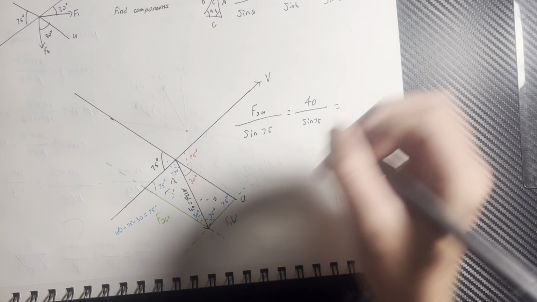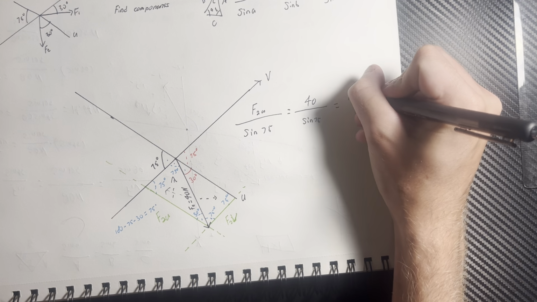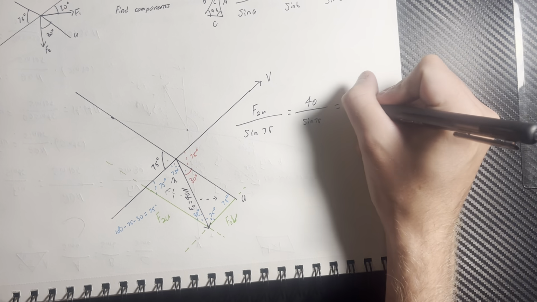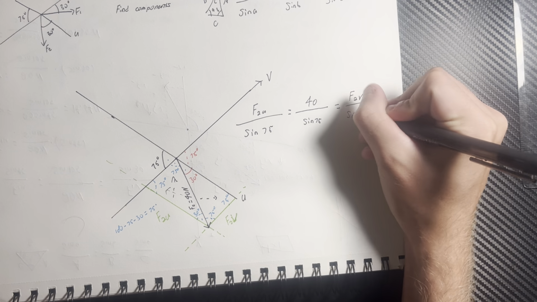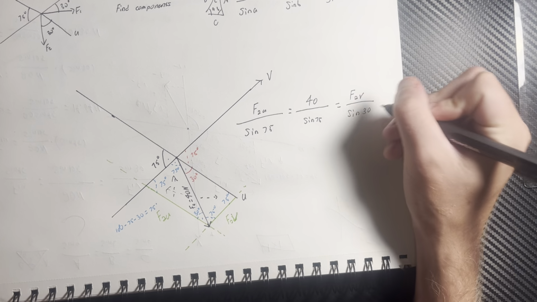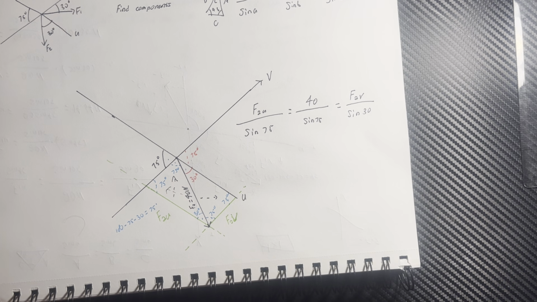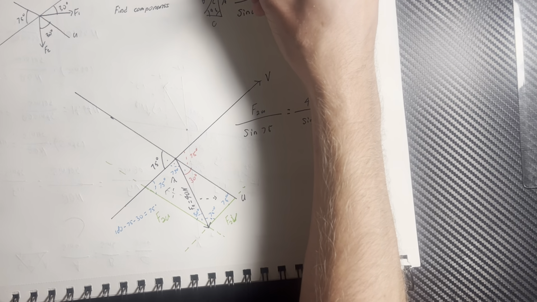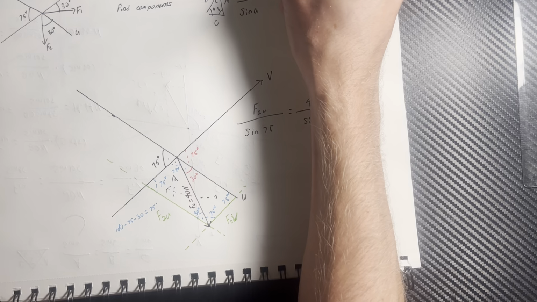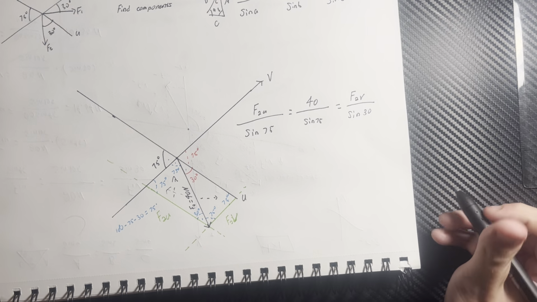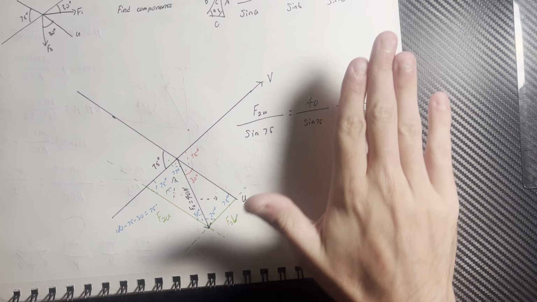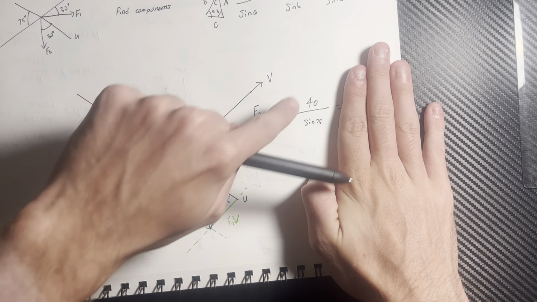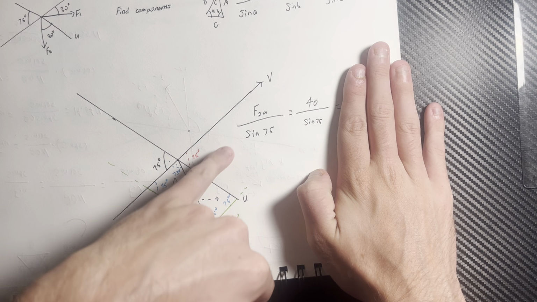And then this equals, if we were trying to find F2V, over the opposite of F2V is sine 30. Or it's 30 degrees, but it's sine 30 in law of sines. Okay, now we pick and choose. If we want F2U, we need to multiply sine 75 to the other side to get rid of it here.